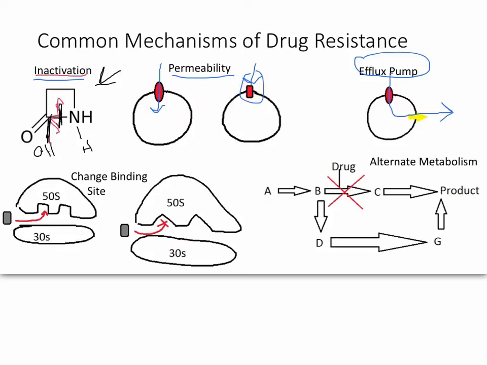Lastly, the real big strategy is alternate metabolism. This is really seen in sulfa drugs, and so if you can't use the normal pathway to make your folic acid, then you find a different pathway, because if the drug is blocking this, you just go down this way and you get to your product a different way.